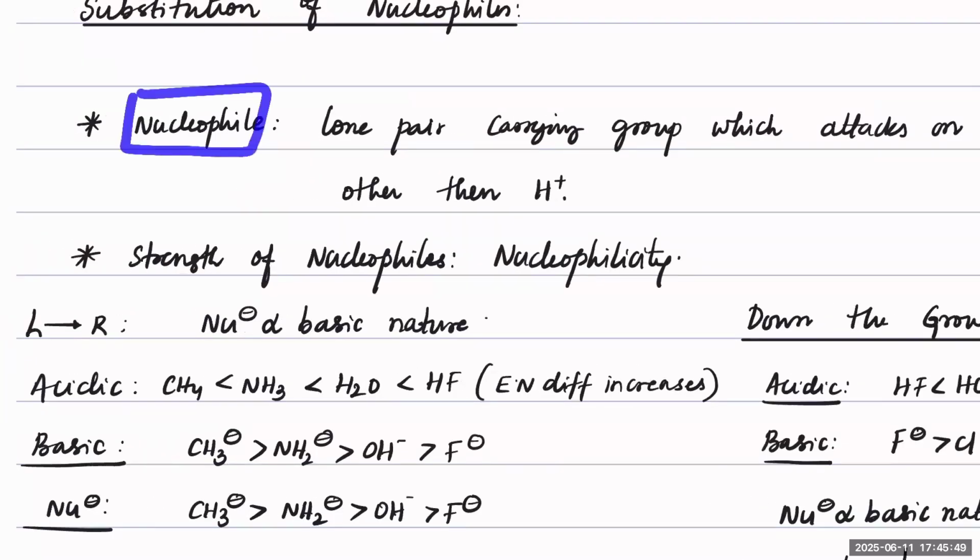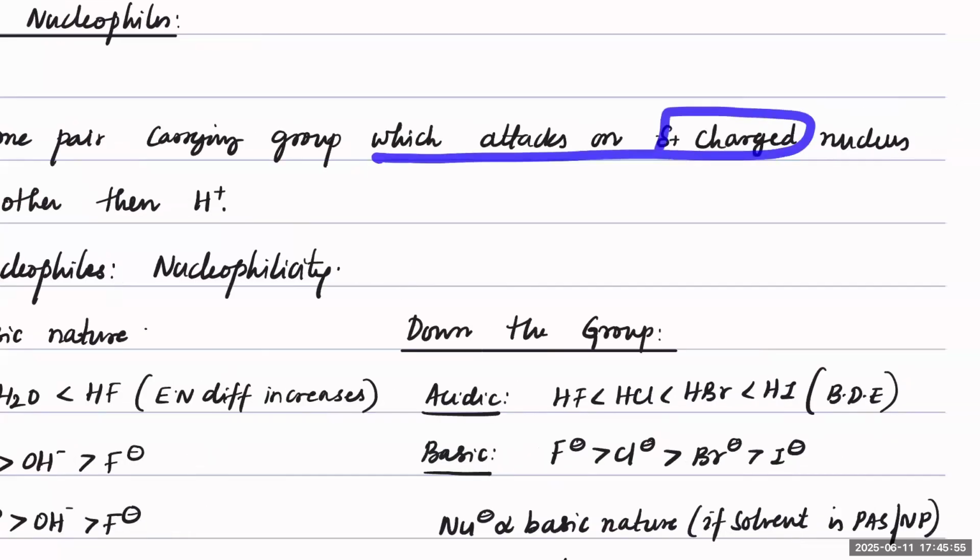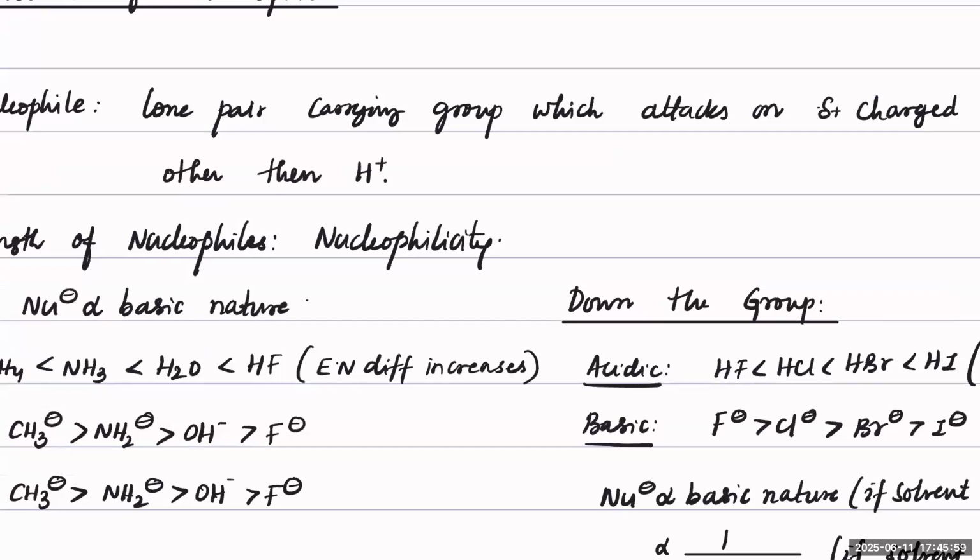Anything which carries a lone pair and which attacks the delta positive charged nucleus like carbon, not hydrogen. It should not attack H plus. The minute it attacks H plus, it is defined as a base and not as a nucleophile. Okay, clear beta?